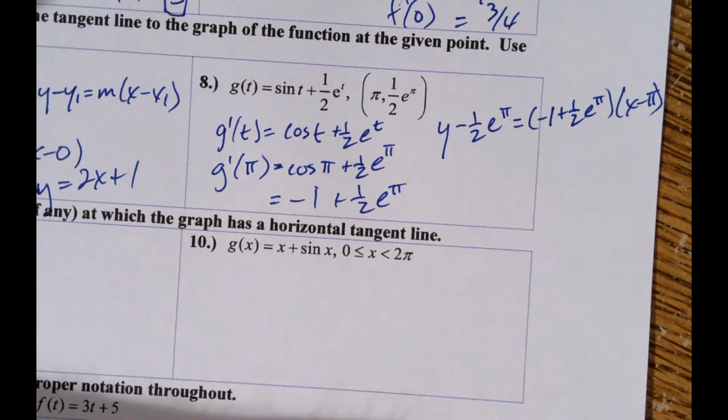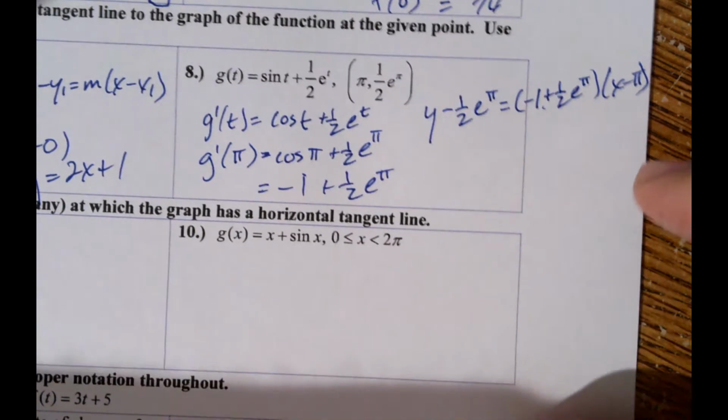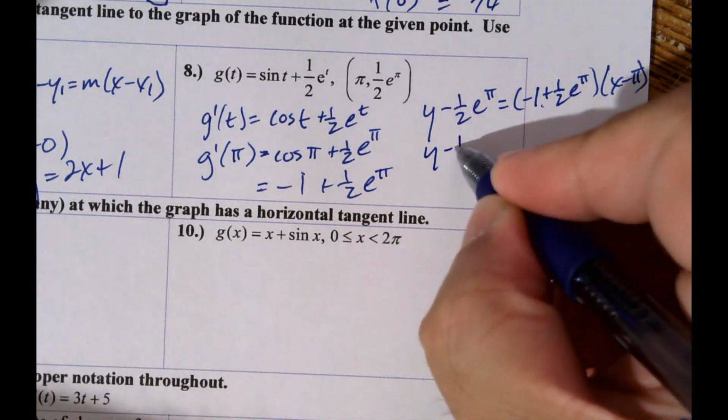So pause the video, see if you can clean this up to the extent I do. My goal is to have it in the y equals blah form, right? I want to solve for y and clean this up a little bit. All right, so you could stop, but I am going to go through the steps. So leave this alone for now.